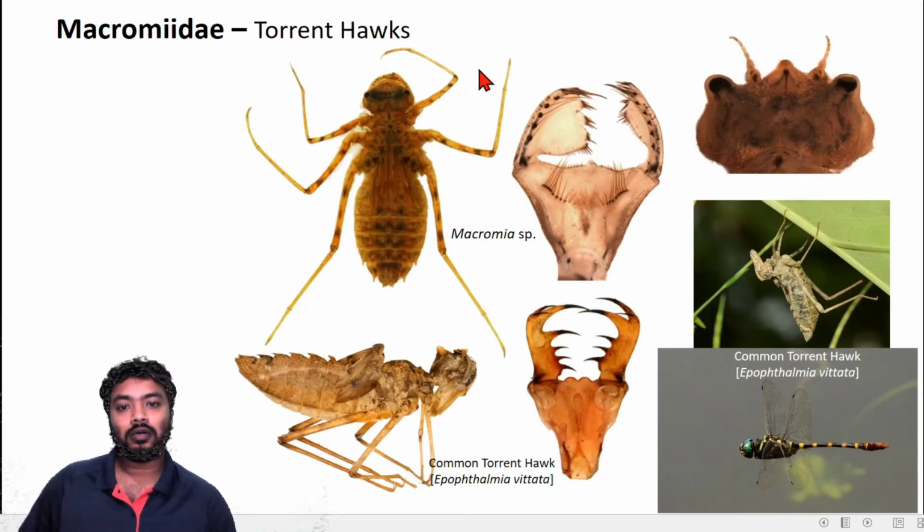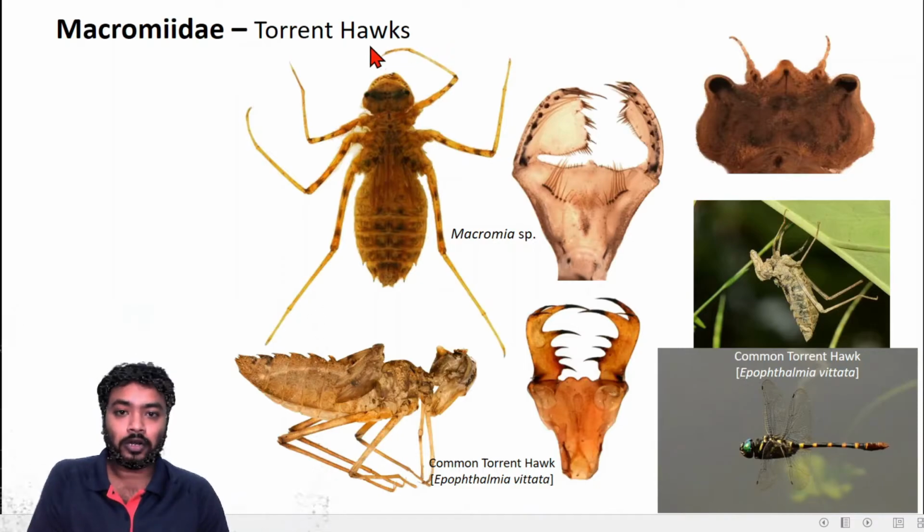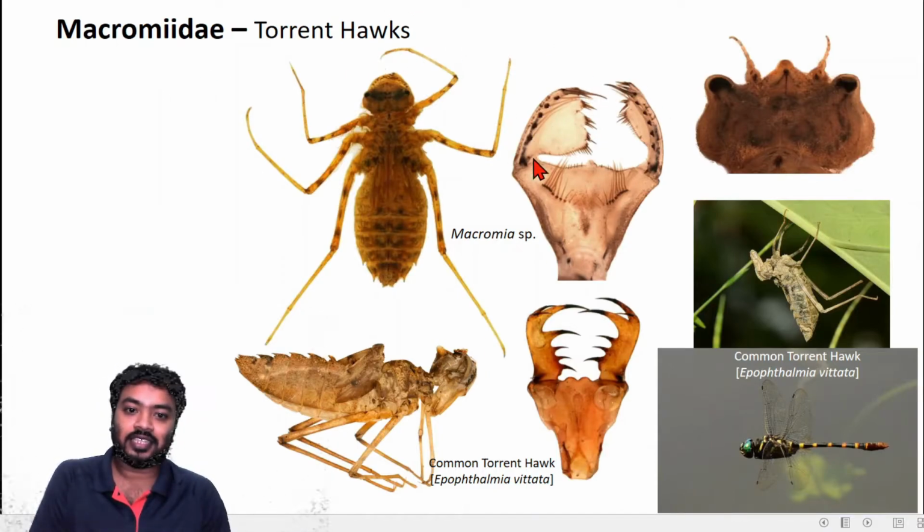Okay, so the last family of Anisoptera is the Macromiidae. Macromiids are torrent hawks and they have very unique, long, spidery legs, and see, they also have a spoon-shaped labium.